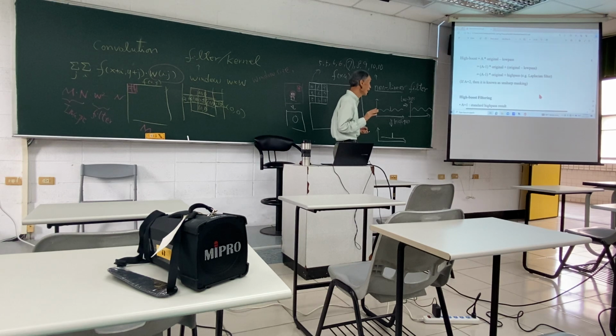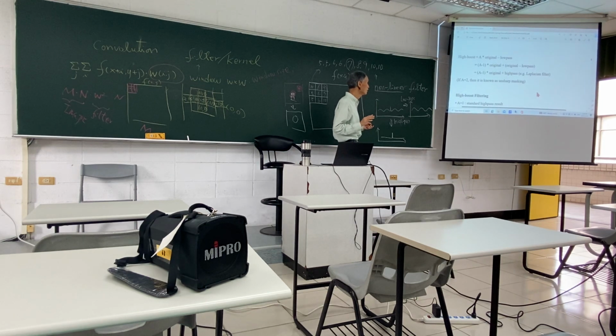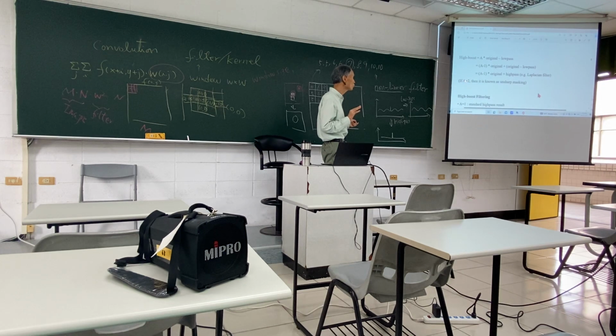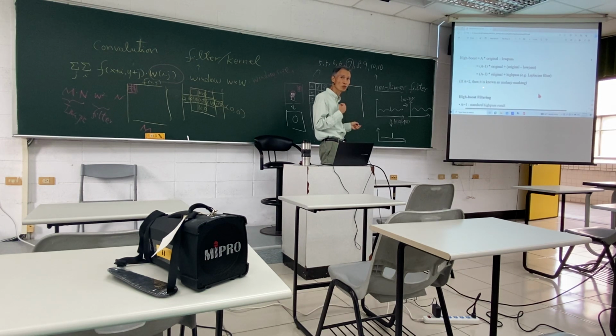Now, A does not have to be 1. If A is larger than or equal to 2, that's what we are looking for, the so-called unsharp masking. A equals 1 is a special case for the high-pass filter.